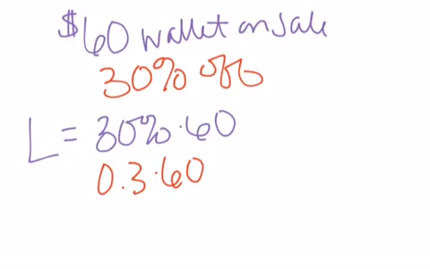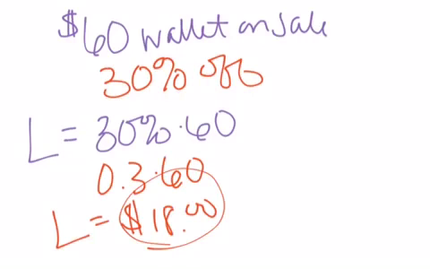So let's do that math super fast. 0.3 times 60 is going to be $18. So the loss is going to equal $18. So that is the amount of the loss. That means to find out what I'm actually going to pay for it, I'm going to subtract $18 from 60 to get $42. So I would end up paying before taxes $42.